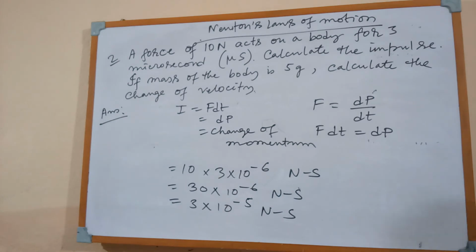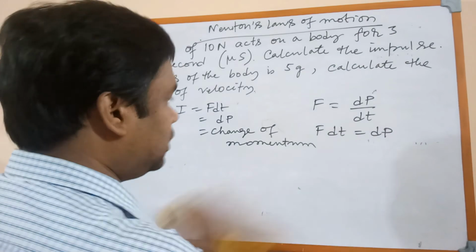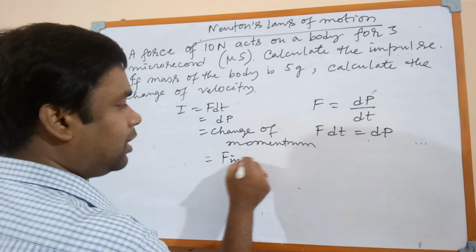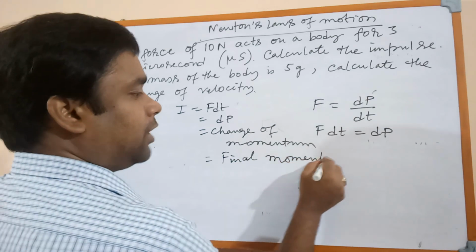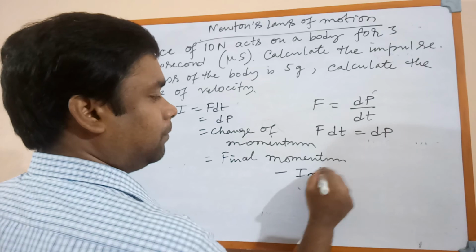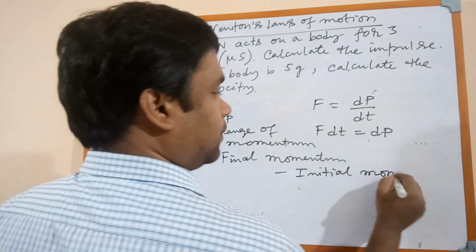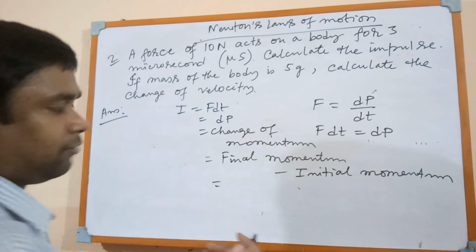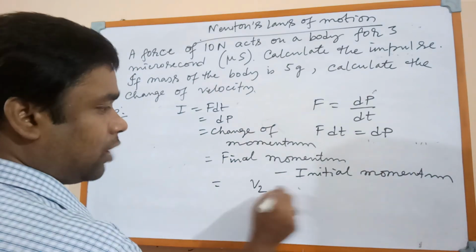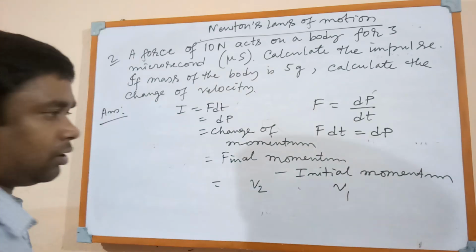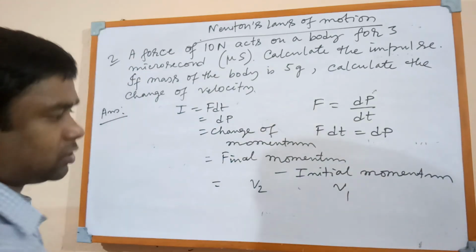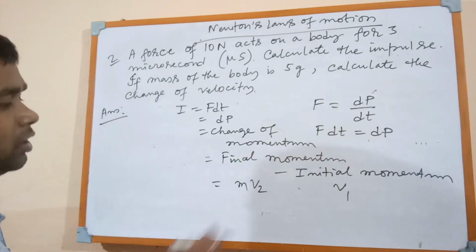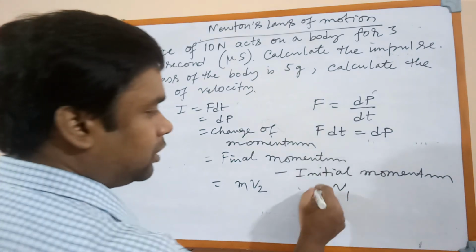As we know, momentum equals mass into velocity, so the change of momentum is the final momentum minus the initial momentum. If the final velocity is v2 and the initial velocity is v1, and the mass of the object m is constant, then the final momentum is mv2 and the initial momentum is mv1.